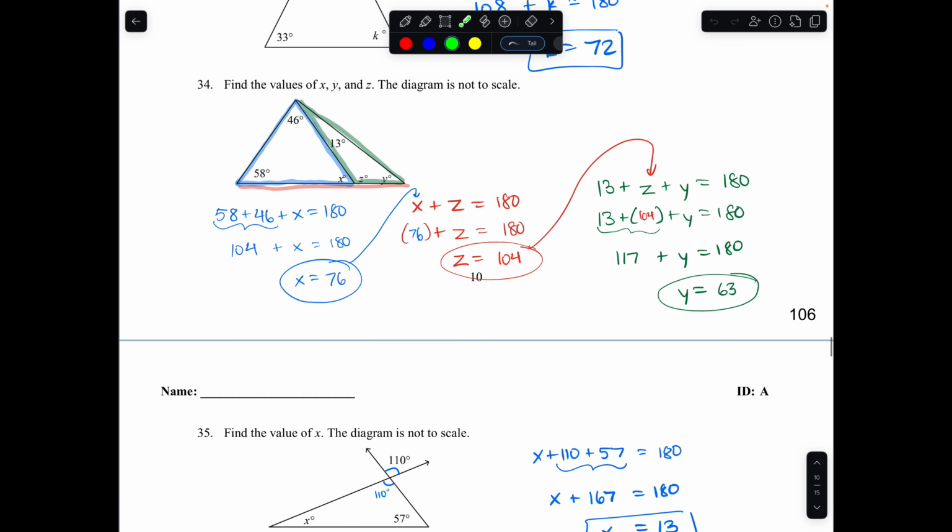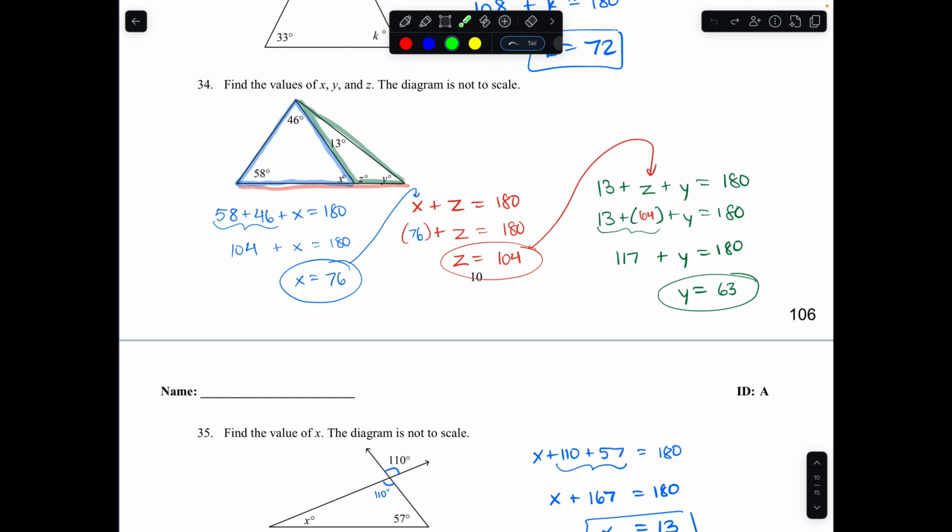Number 34, find the values of x, y, and z. The diagram is not drawn to scale. So I'm hoping you can visualize this blue triangle, this green triangle, and then the whole thing as well. Starting with the blue triangle, we know two of its three angles, and those three angles have to add up to 180.